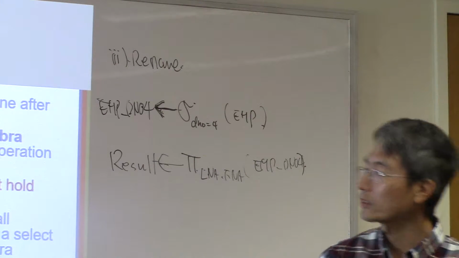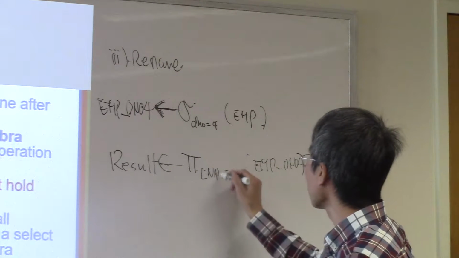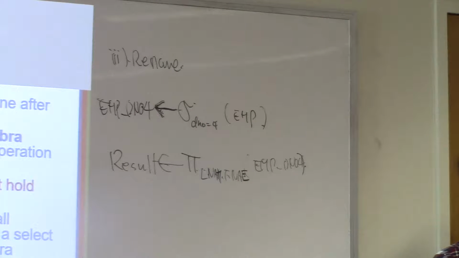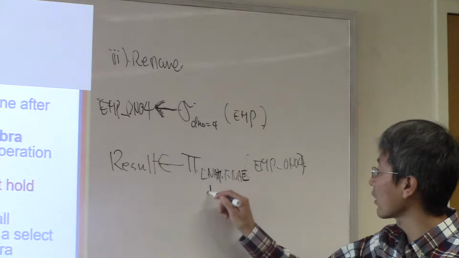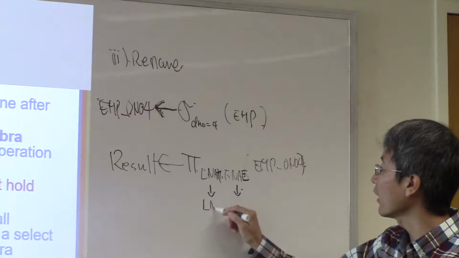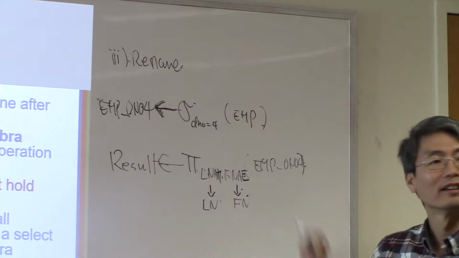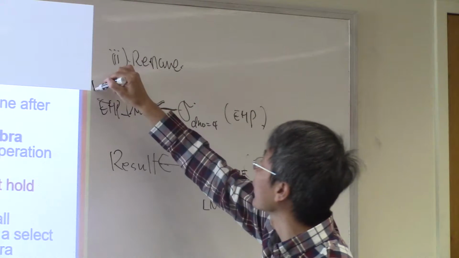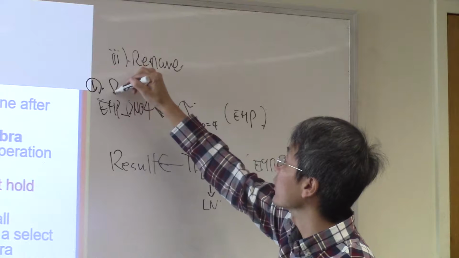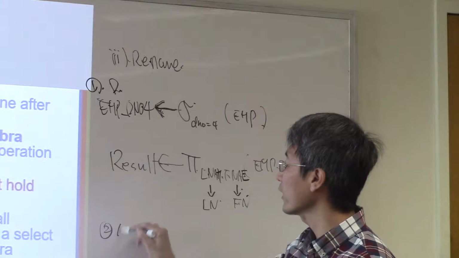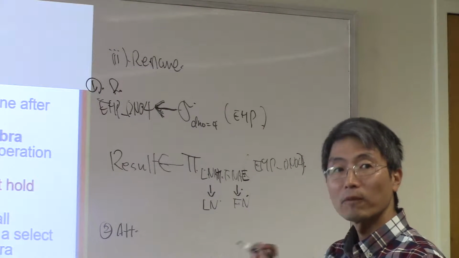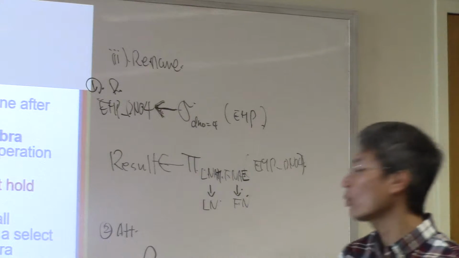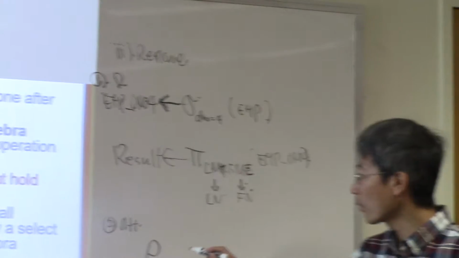Also, sometimes last name and first name are too long to write. I want to change the attribute name to LNFN. If you want to rename, there are two renames. One is the relation rename, the second is the attribute rename. To change the name of an attribute, we can use the rho operation.